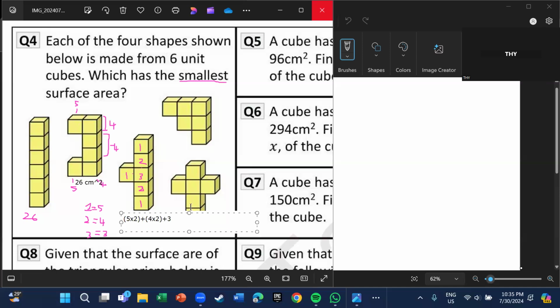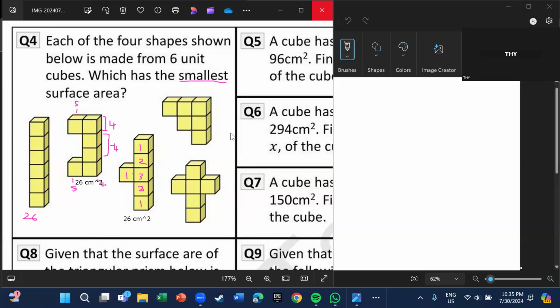So this will give us another 26 centimeters square, right? So this is one shortcut, one way to do it, and this is another way to do it. You can label it, do it however you want.